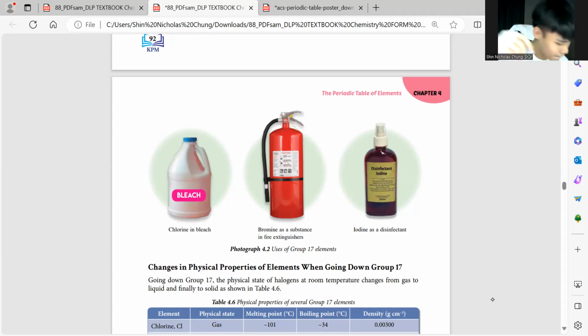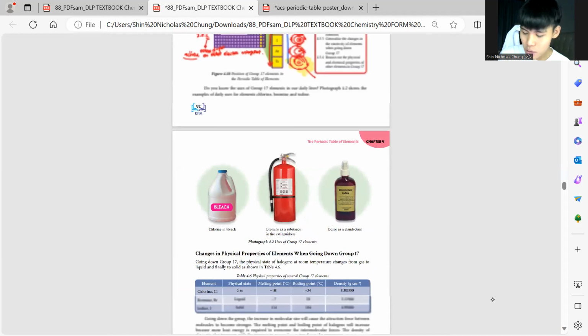Bromine is also used in pesticide. So that's all for here.